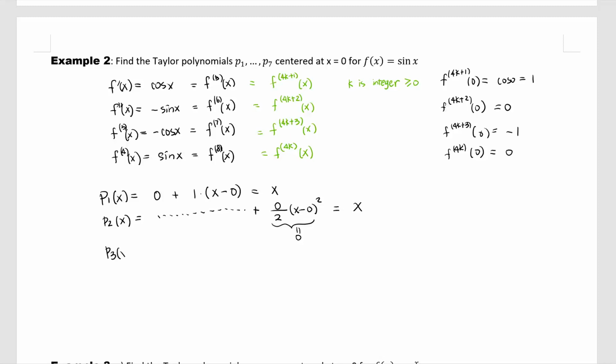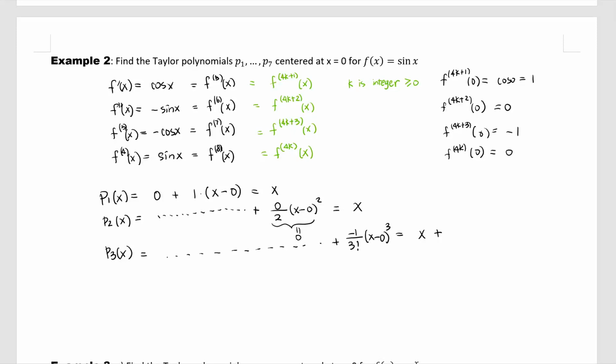How about P3? Well, P3 is what we had before, but the extra term is the third derivative over 3 factorial, and then x minus 0 to the cube. What we had before is x.